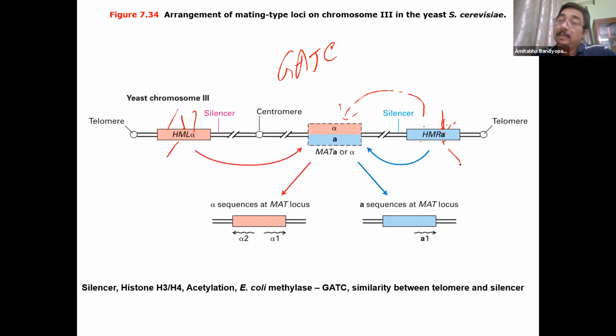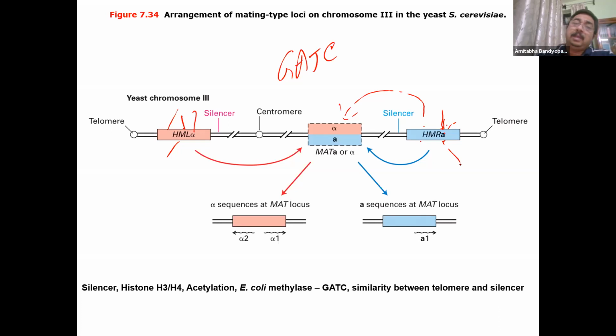What it means is that this region is so compact that even an enzyme like methylase cannot get access to the DNA to methylate it. Therefore, the question of the entire transcriptional apparatus getting entry there and thereby activating transcription is completely out of question. So that is what it is.